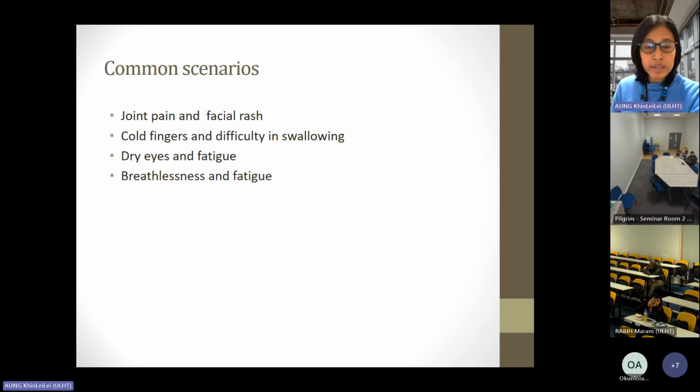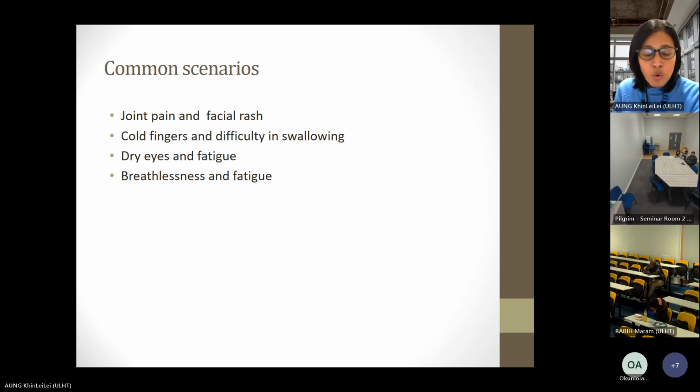So a common scenario in the MRCP exam: joint pain and a facial rash, cold fingers with difficulty in swallowing, dry eyes, fatigue, breathlessness. It could be lupus, Sjogren, systemic sclerosis, or inflammatory myopathy.